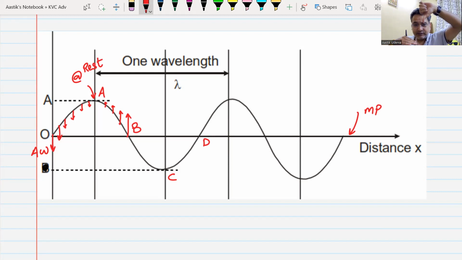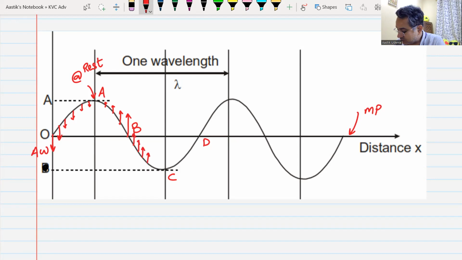Below the origin, they can move like this towards their extreme position, or they will move like this towards their mean position. They are moving towards the mean position.